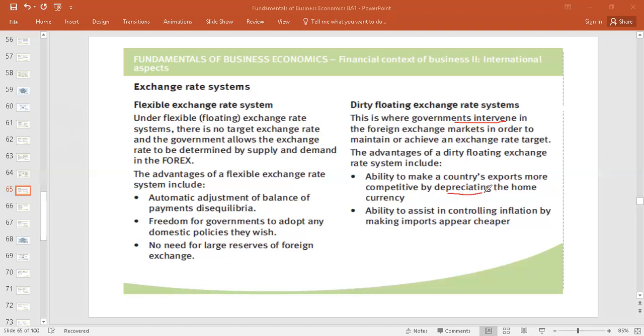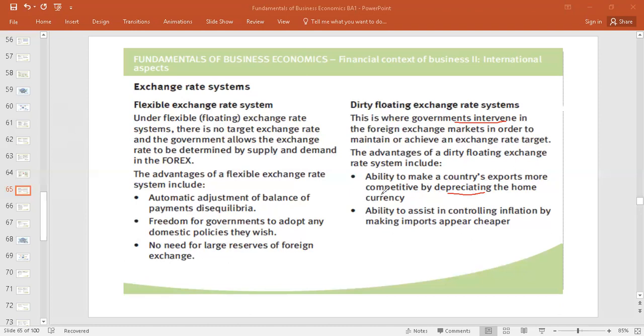When the home currency is depreciated and they export, since the home currency is already depreciated, more of the foreign currency will have to be paid to settle the transaction. So it would be benefited by depreciating the home currency.